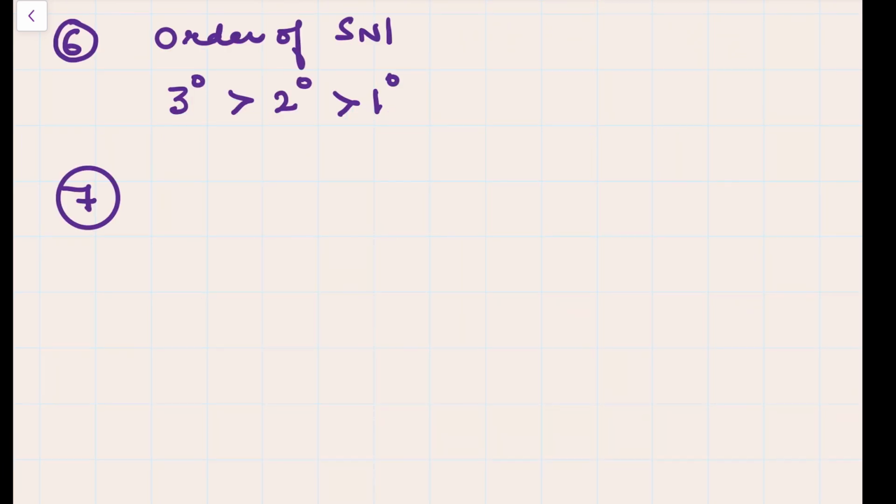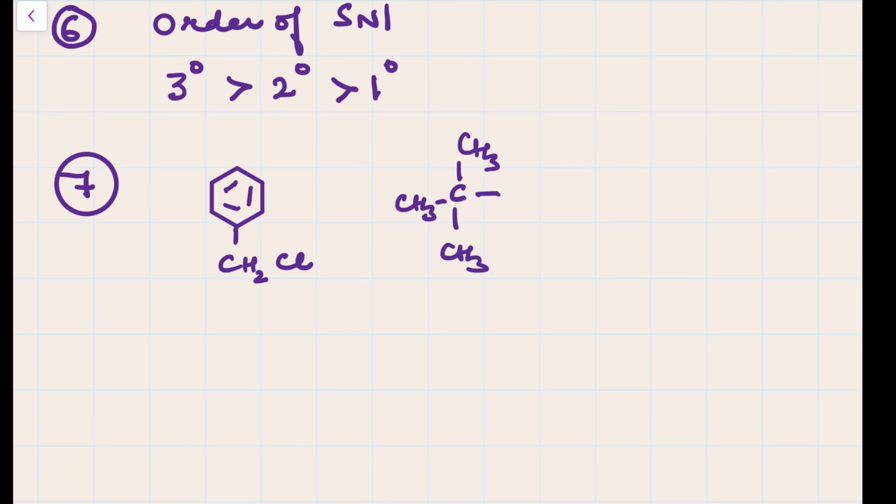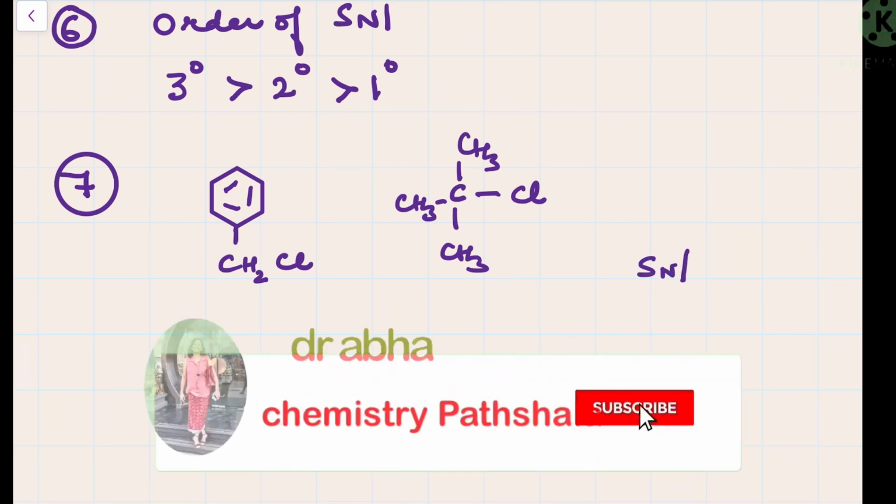Let us do an example. If we have benzyl halide or we have tert-butyl halide, both have a tendency to undergo Sn1. Why?